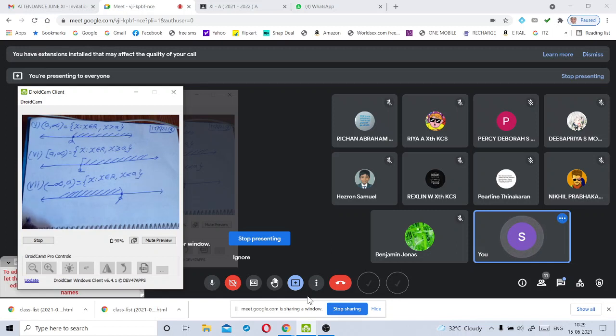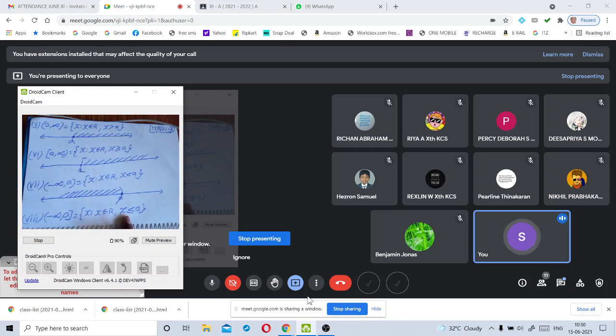And the last one, minus infinity comma A closed. Set of all x such that x belongs to R, x is less than or equal to A. This is the set builder form.